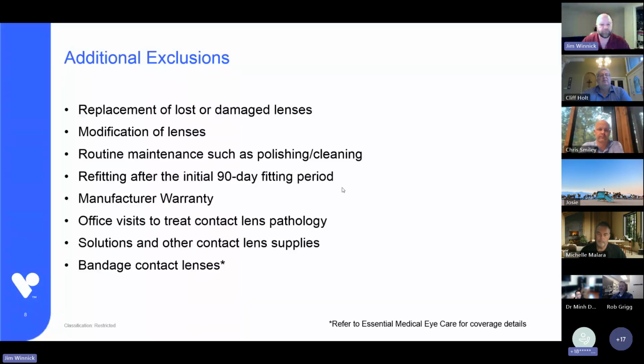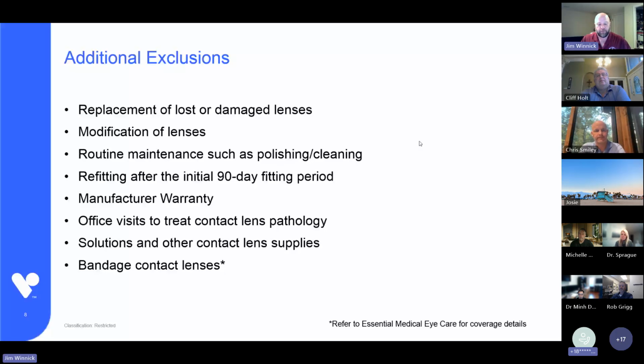You can't charge them for solutions or supplies. And bandaged contact lenses don't apply, but again, according to the asterisk there, bandaged contact lenses can be billed under essential medical eye care. They can be billed under some major medical eye care or major medicals, but you've got to look at your individual contracts for that. But it is eligible under essential medical eye care.